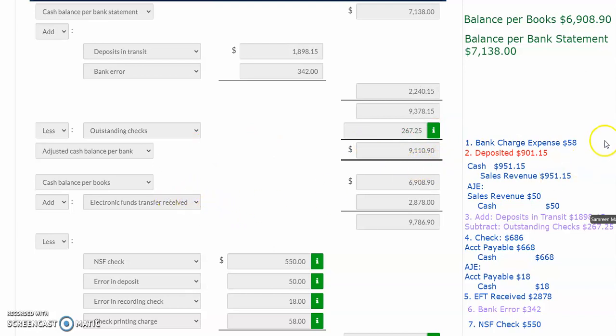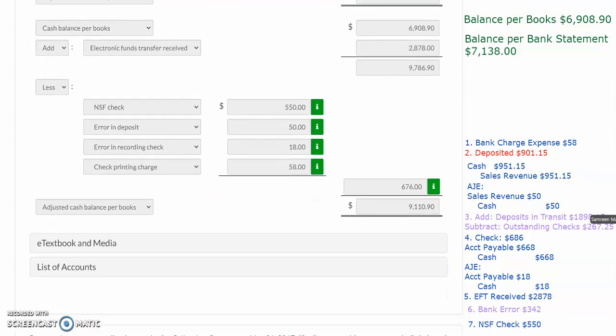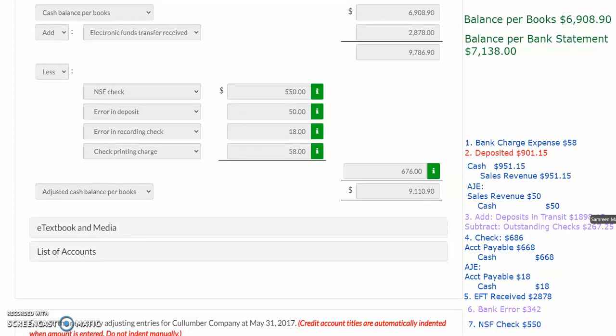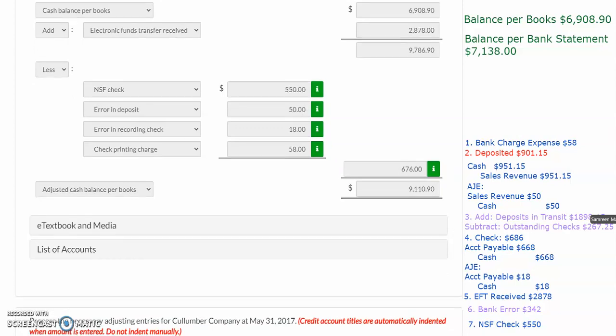On our cash balance per books, we're going to go ahead and add the EFT received, and we're going to subtract out our NSF check, the error in deposit, error in recording check, and the check printing charge. And you can pause the video to see all these amounts.